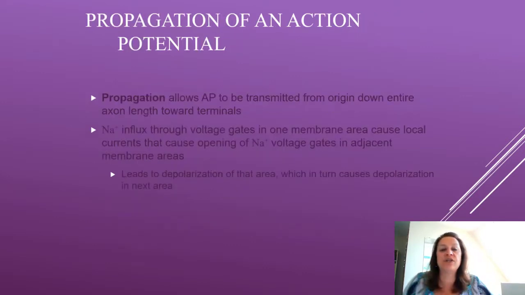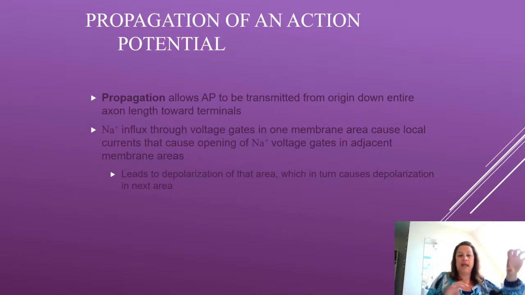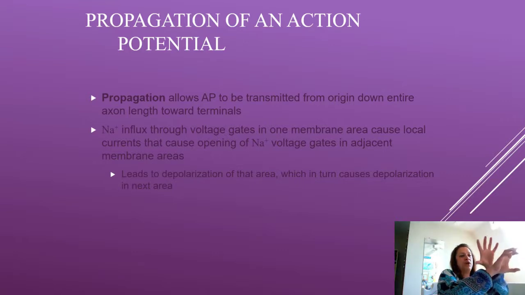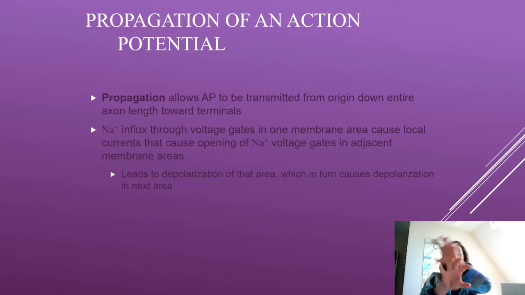And propagation allows the action potential to be transmitted from the origin down the entire length of the axon because the voltage-gated channels are not just at the beginning. The channels are all the way down the membrane. So it changes here, and then it moves on and changes here as this part is repolarizing. Changes here, changes here.